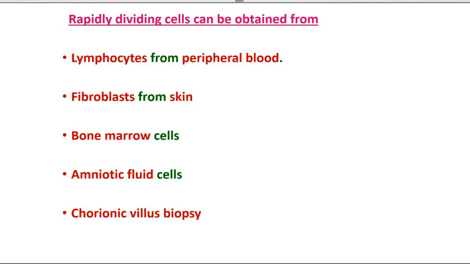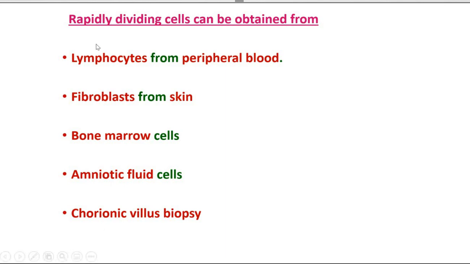Now, we are going into the procedure of karyotyping. I said in karyotyping, we take rapidly dividing cells. So what are the places from where we can take the rapidly dividing cells? These are nothing but the lymphocytes which are taken from the peripheral blood, or the fibroblasts, or the bone marrow cells, the amniotic fluid cells, or the chorionic villus.